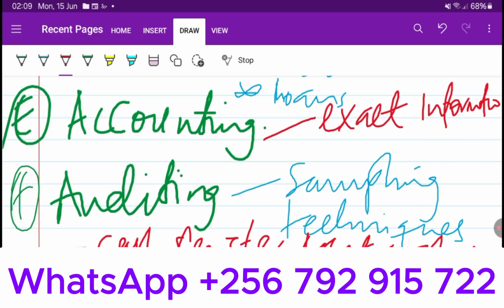You can also sample and say, within that, I'm going to look at the asset register, I'm also going to look at the inventory, and I'm also going to look at different aspects within the financial statements, based on professional skepticism or on how you have tried to do your auditing.